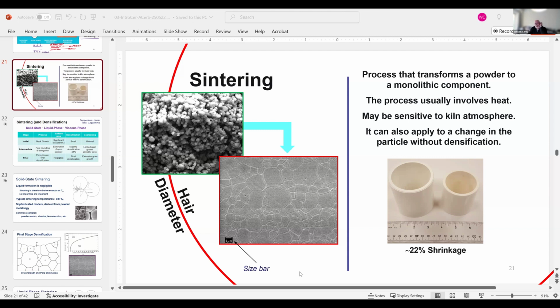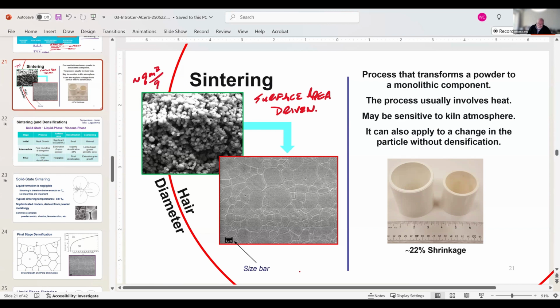The other thing is, and we don't touch on it much here, this process is driven by surface area. If you don't have sufficient surface area, it won't sinter. So this is a high surface area material. This material here is probably about 9 meters squared per gram.